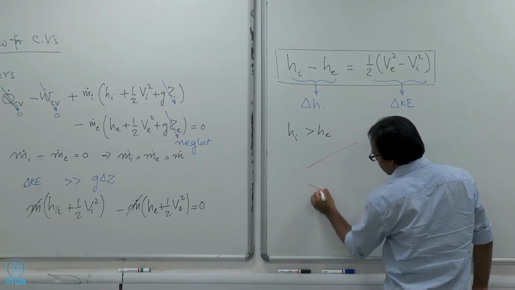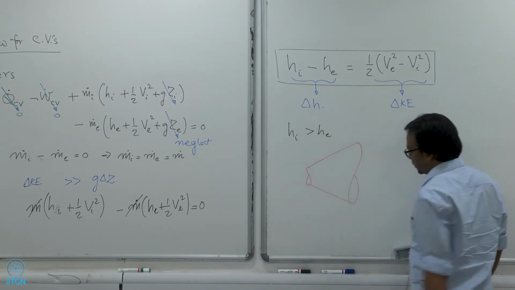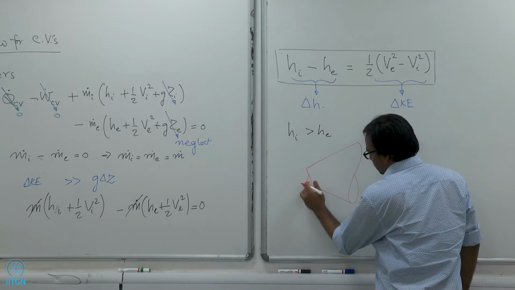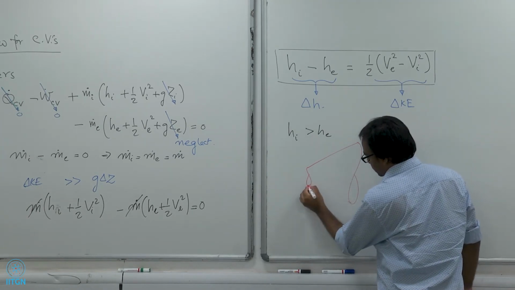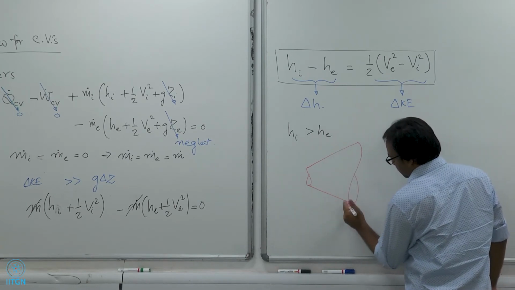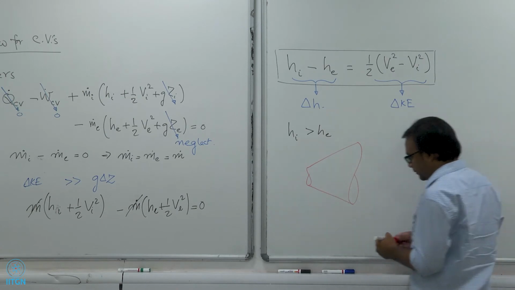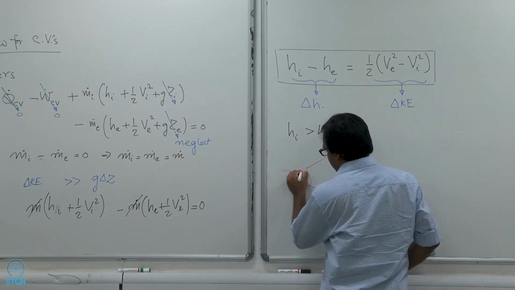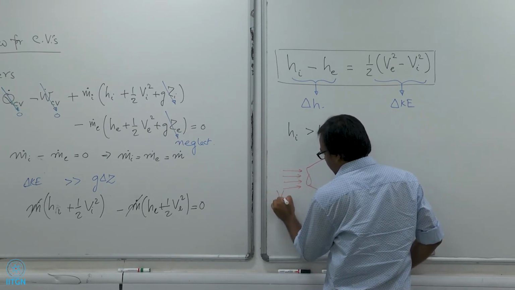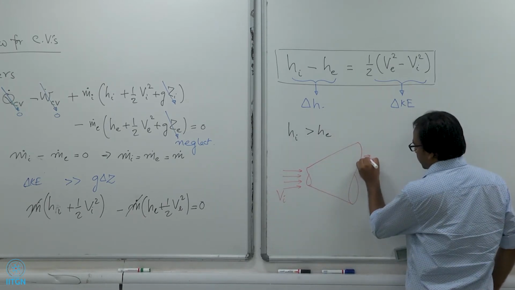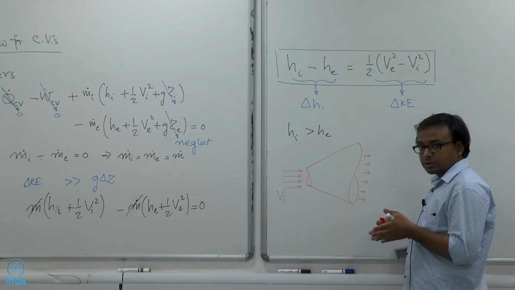It will be something like this, where fluid is coming in at a very large velocity. This will be your inlet, Vi, and the fluid goes out with extremely small velocity. So, a diffuser slows things down.